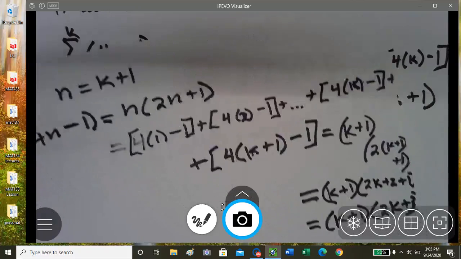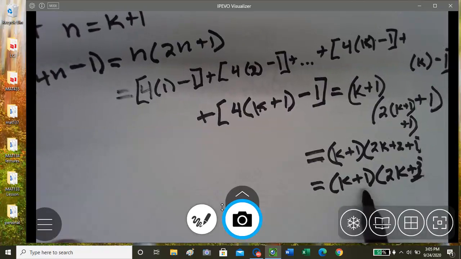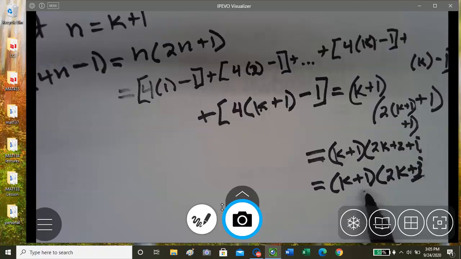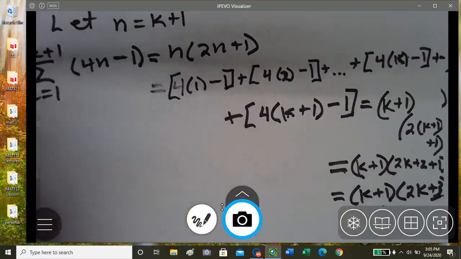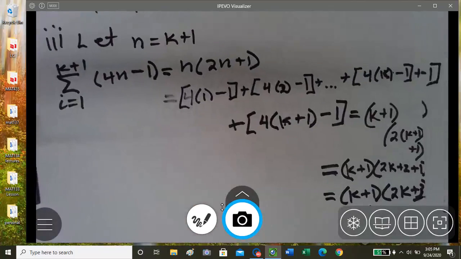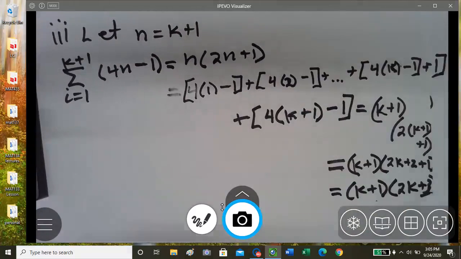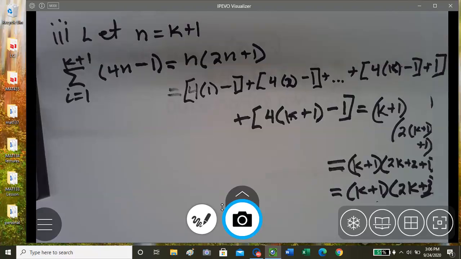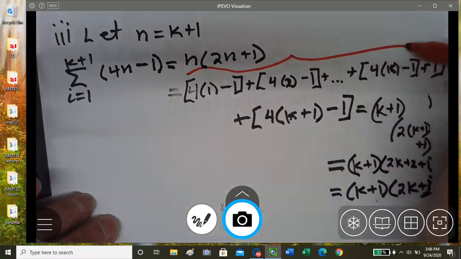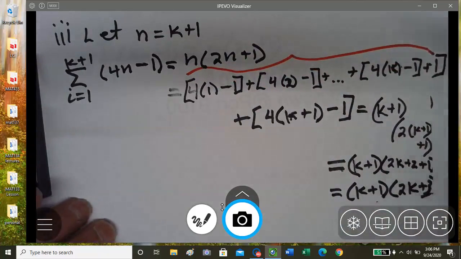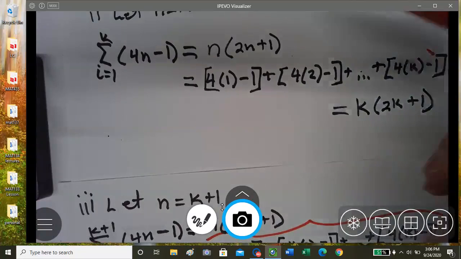So from here, we need to get the left side to match the right. So the thing to remember here is that all this is equivalent to all this.